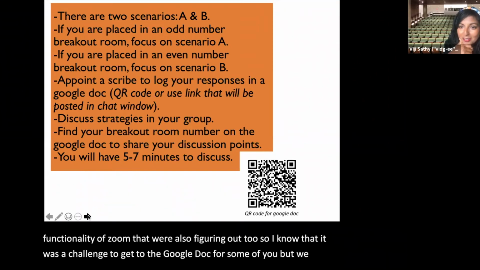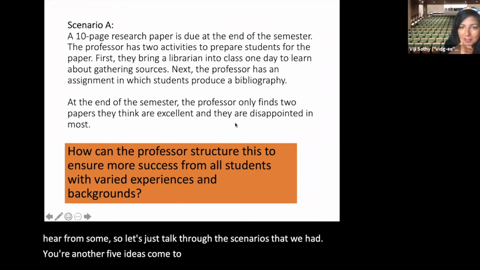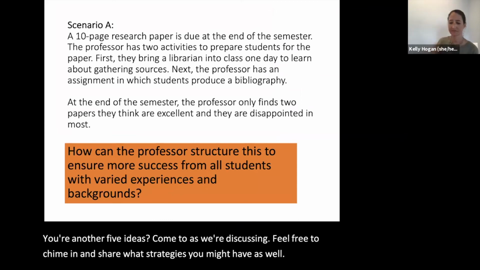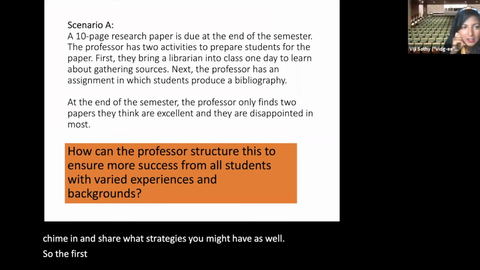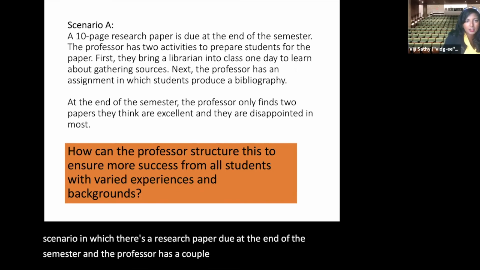So let's just talk through the scenarios that we had here. And if ideas come to you as we're discussing, feel free to chime in and share what strategies you might have as well. So the first scenario that we asked people to think about was one in which there's a research paper due at the end of the semester, and the professor has a couple of activities to prepare students for the paper.